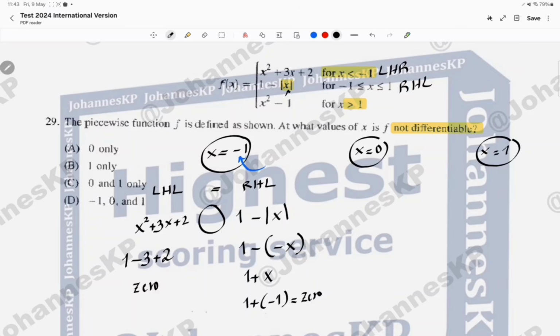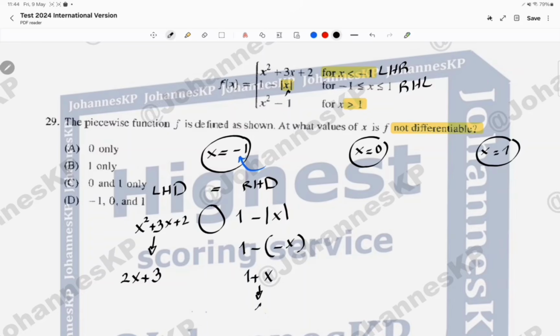We know it's continuous, but do we know if it's differentiable or not? Not yet. Now what do we do? We change left-hand limit to left-hand derivative, and right-hand limit to right-hand derivative. So now differentiate them. Differentiate this guy, 2x plus 3.